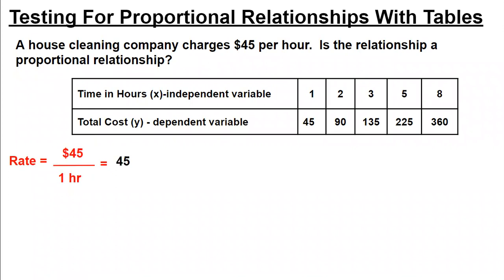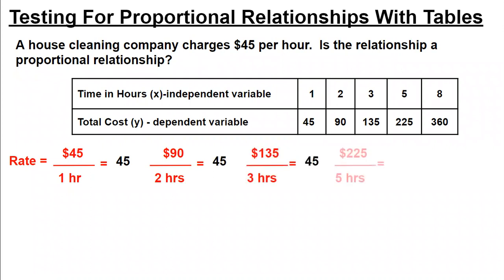Now we're checking for constant and proportionality. So 45 over 1 equals 45. Does 90 over 2 equal 45? Yes, it does. Does 135 over 3 equal 45? Yes, it does. Does 225 divided by 5? Put that on your calculator. What do you get? 45.